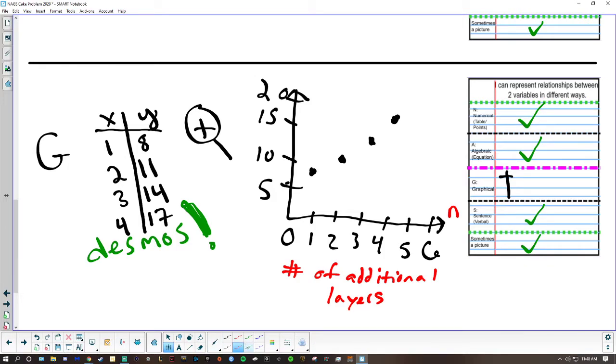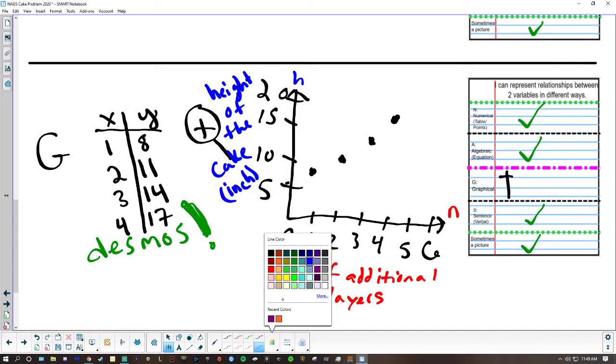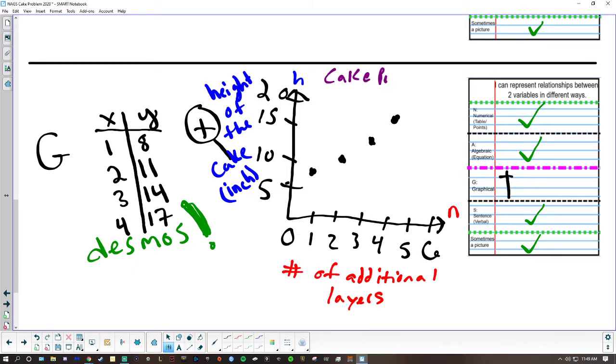My y-axis, which was h, stands for, I'm running out of room, the height of the cake. And this is in inches. We also need to make sure we add a title, so we could call this the cake problem. The cake problem.